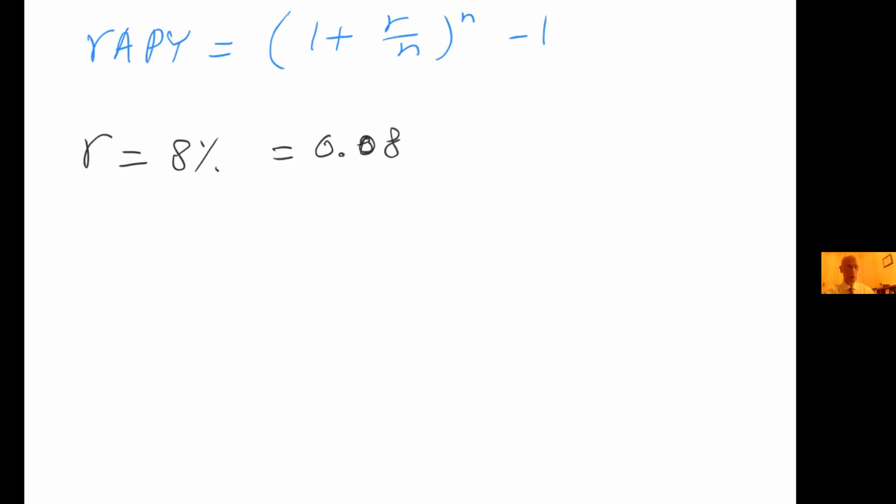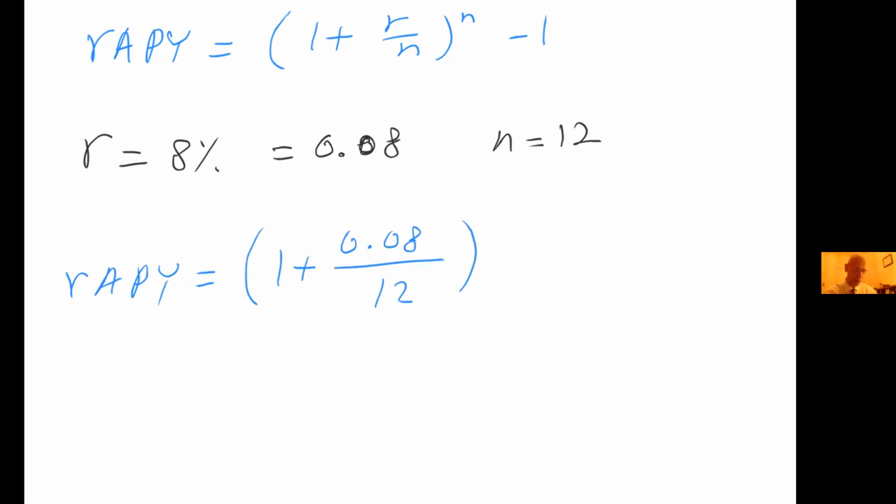And we know that this account is compounded monthly, so n equals 12. So the rate of annual percentage yield equals 1 plus 0.08 over 12, to the power of 12, minus 1.